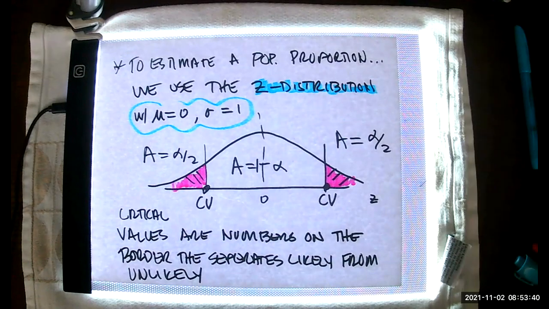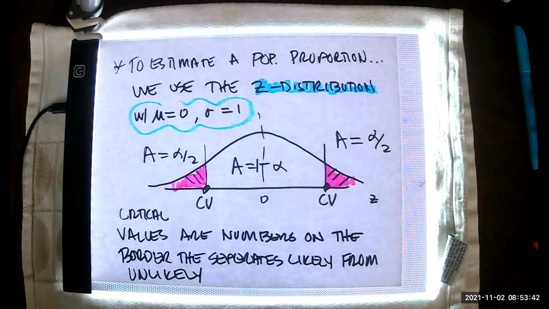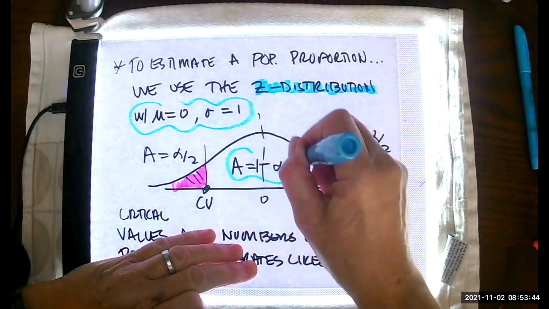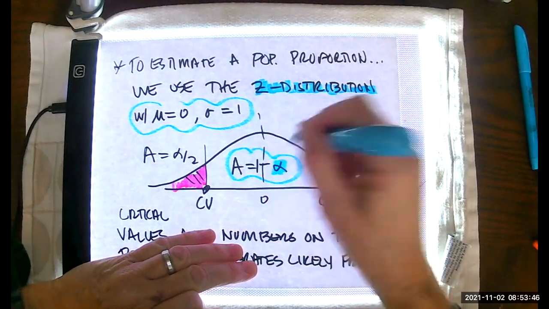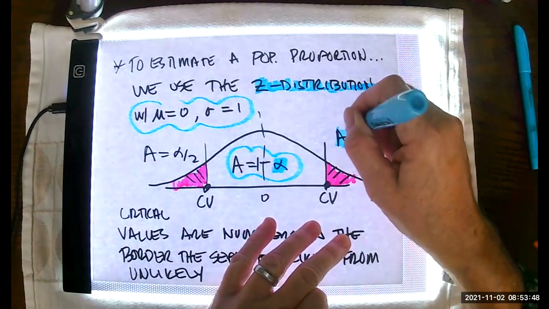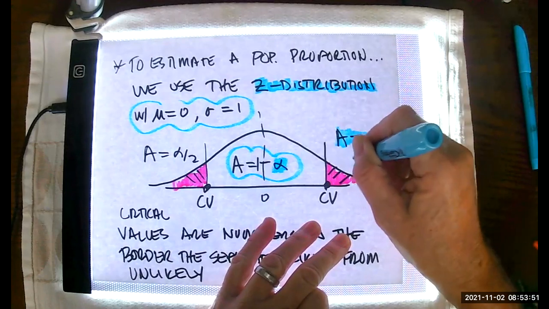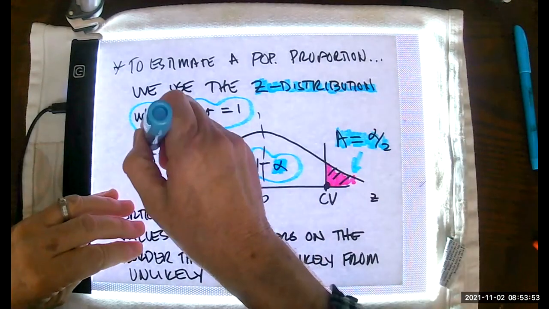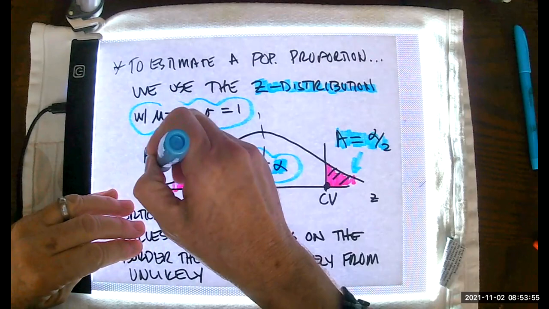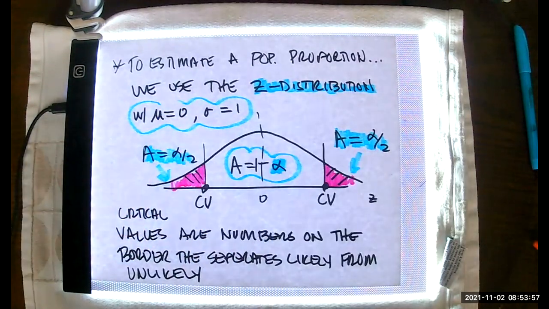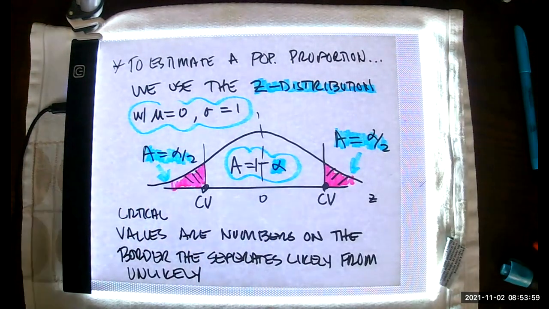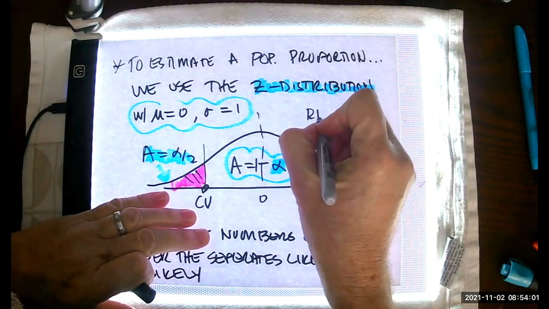So that level of confidence, that 1 minus alpha, this little bit of alpha is a little bit of area. Half the area, half the alpha is here in the right tail. Half the area, half the alpha is there in the left tail. And that is exactly how we refer to that.